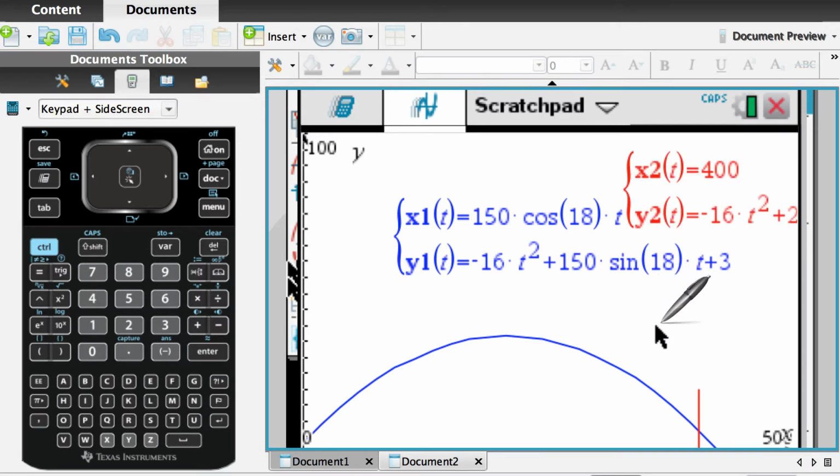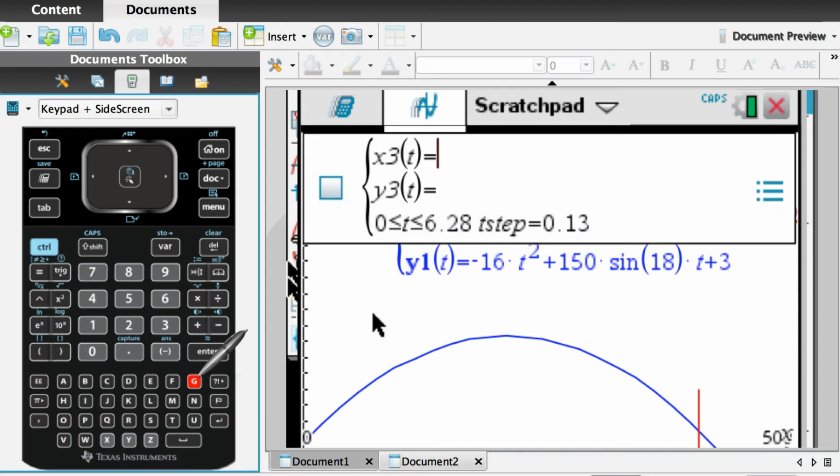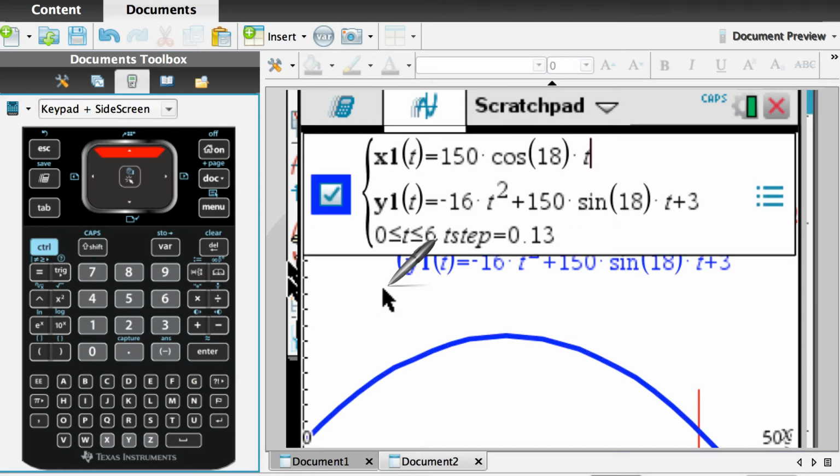And so the question now becomes, at what angle will it cross over? And so for this, we just need to change our angle to 19, 20, and 21, and 22 until it actually crosses over. So I'll hit Control G. We'll go back up to our equation, and maybe we'll skip 19, we'll go to 20.